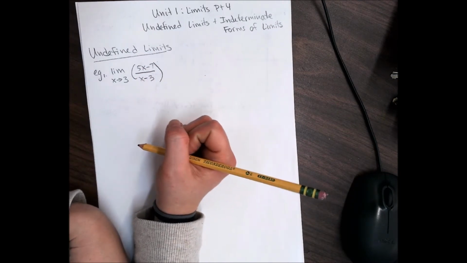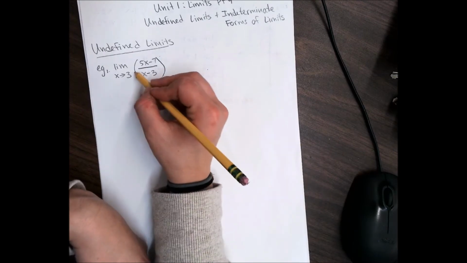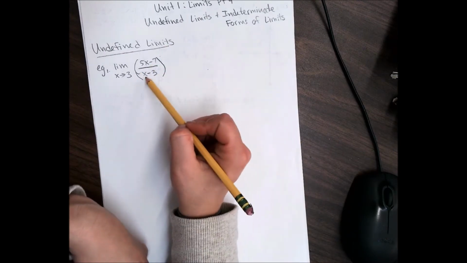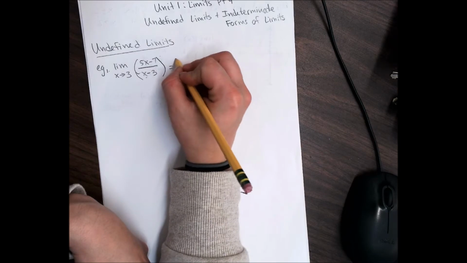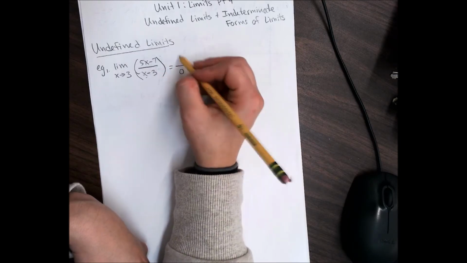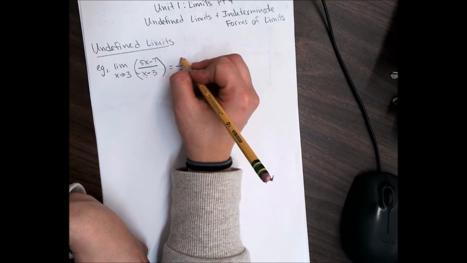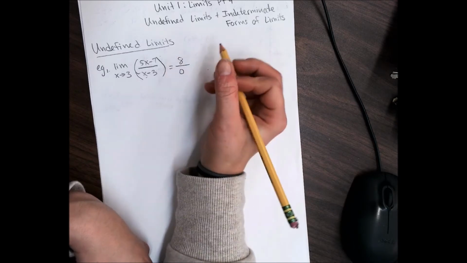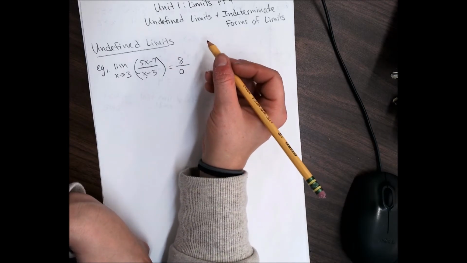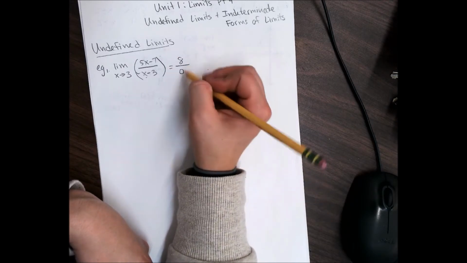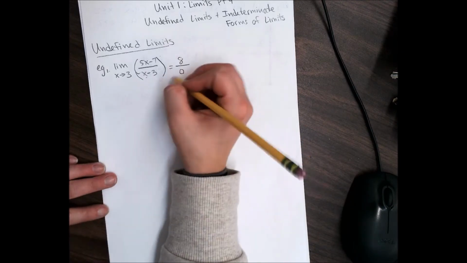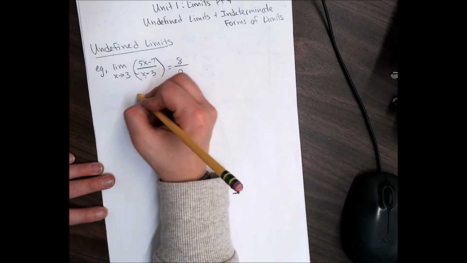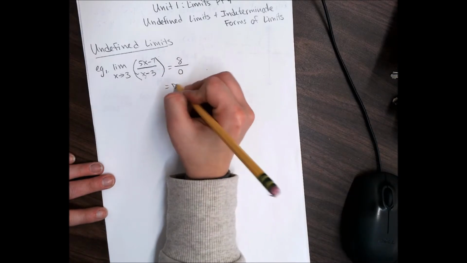So when we take a look at this limit, we can automatically see that in the denominator, we are going to get 0. And in the numerator, we get 15 take away 7, which is 8. So 8 over 0 is undefined, which means that this limit does not exist.